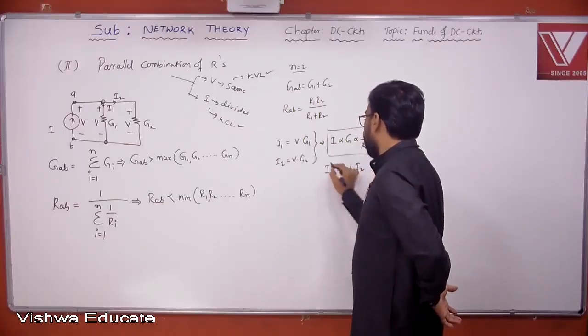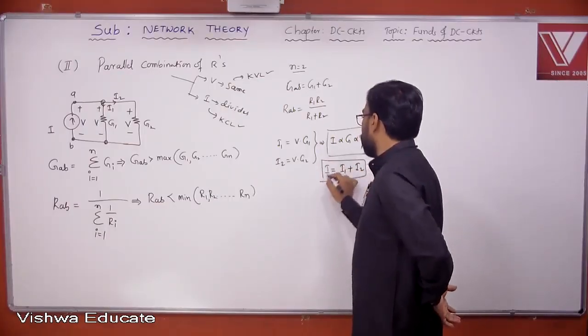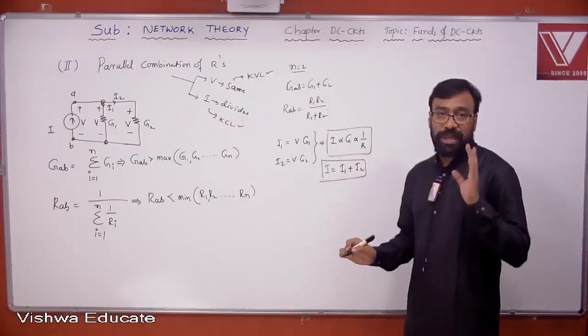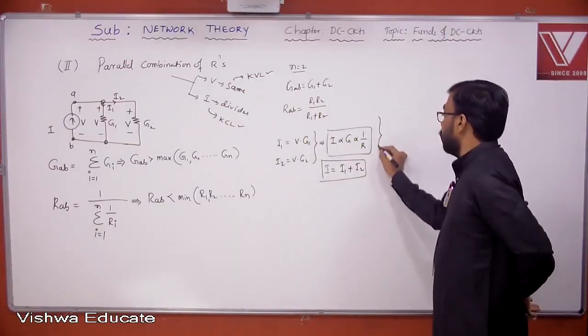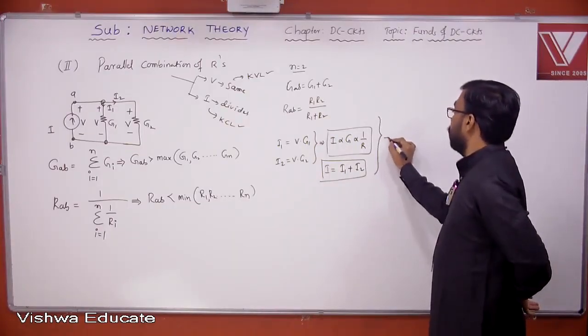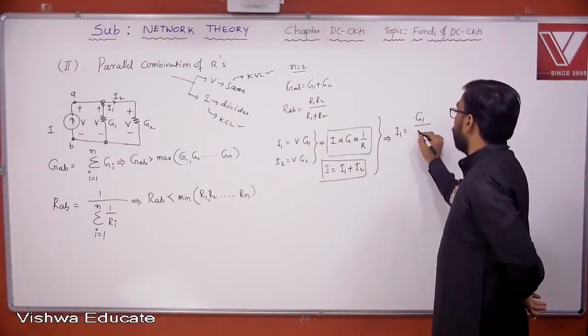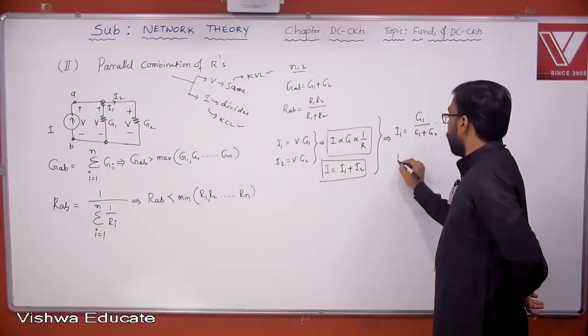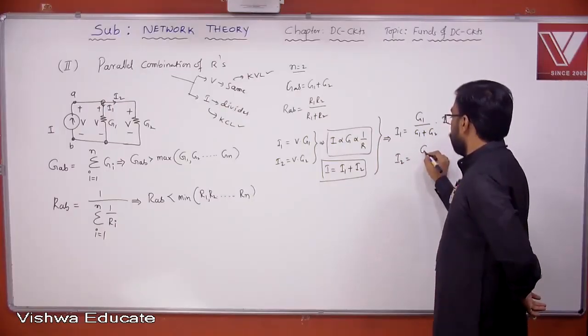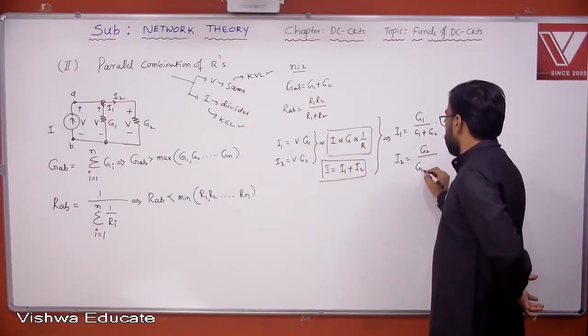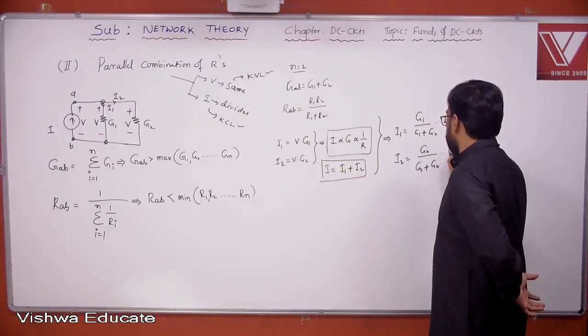It is getting divided in proportion to the conductance of that particular element. Therefore, I1 is equal to G1 by G1 plus G2 into I. I2 is equal to G2 by G1 plus G2 into I.